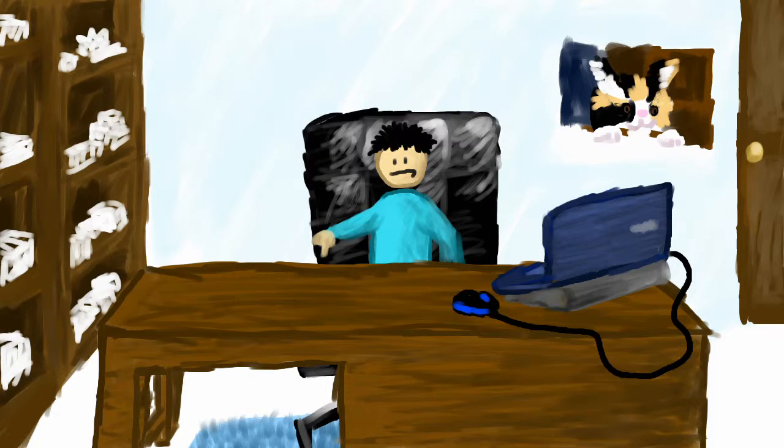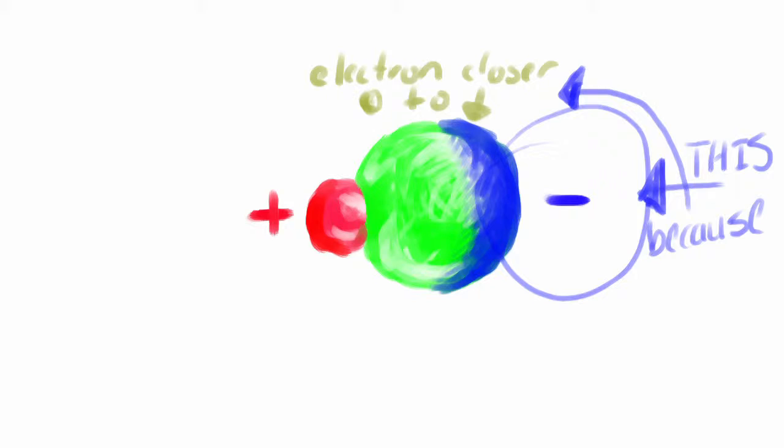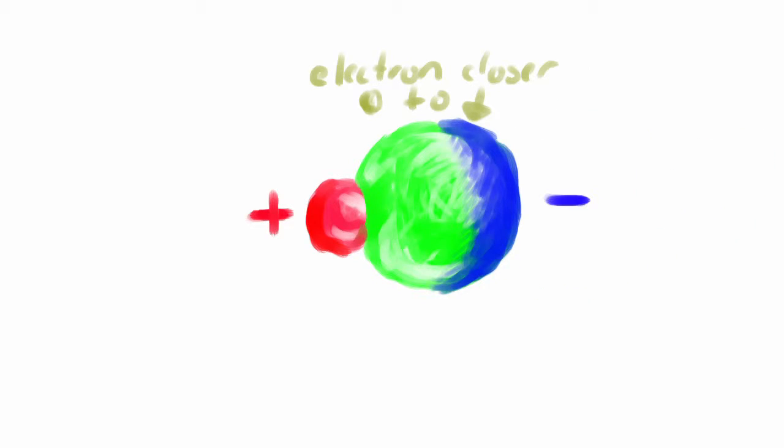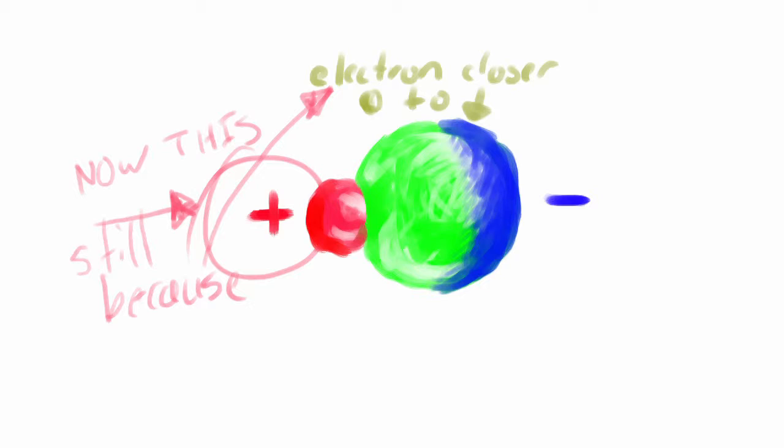This makes an area or areas of partial negative charge, as the negatively charged electrons are closer to that side of the molecule. Meanwhile, the areas that had electrons pulled farther from would have a partial positive charge, as electrons are farther from that side of a molecule.